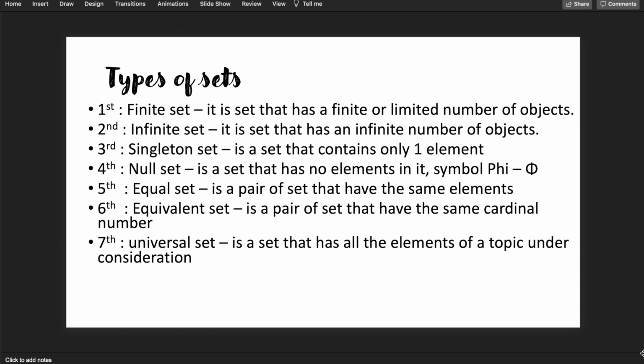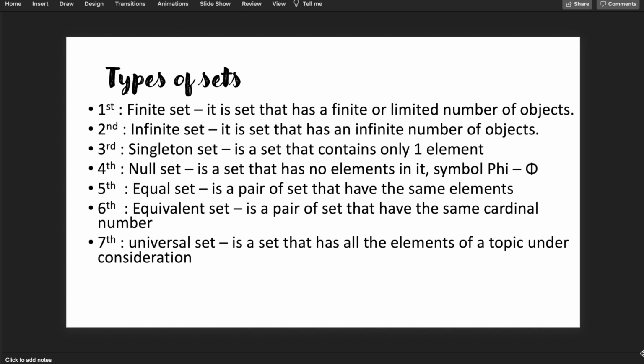It is a set that has all elements of the topic under consideration. So if I say a set that has all x such that x is a member of natural numbers, it is all the natural numbers. That is the topic under consideration, natural numbers.